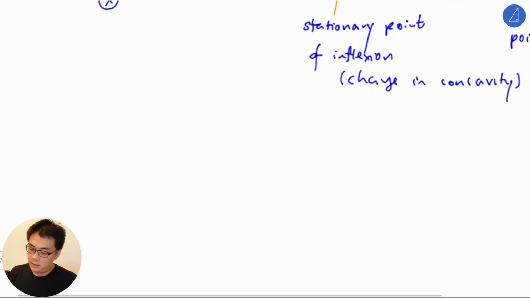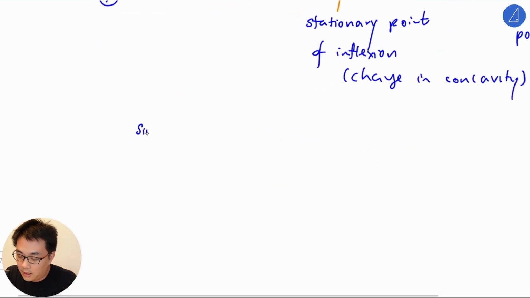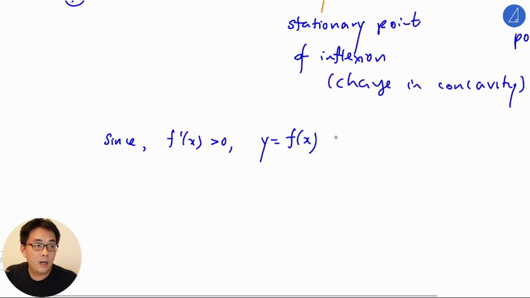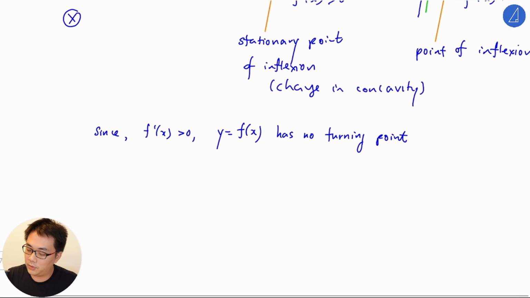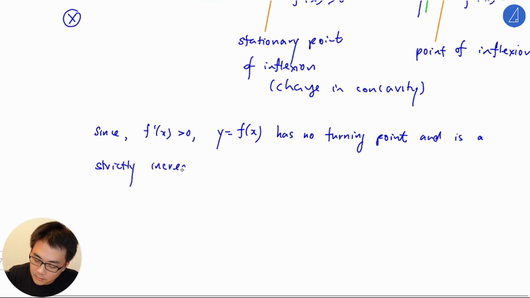Since f'(x) is bigger than 0, y = f(x) has no turning point and is a strictly increasing function.